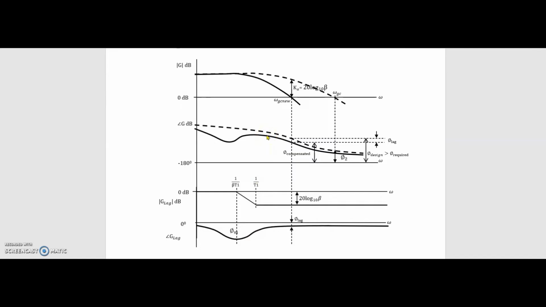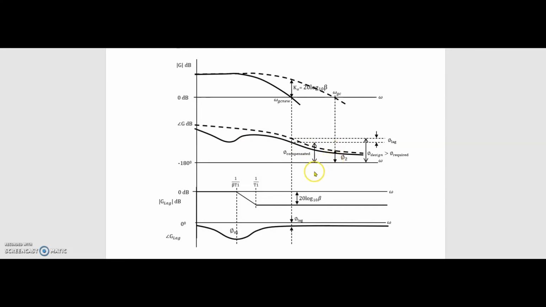As you can see here the drop will be more because the phase is more negative here, and here the drop will be small. So for this dotted curve, when we apply lag compensator, the phase drops more in this area, and in this area there is some small drop.